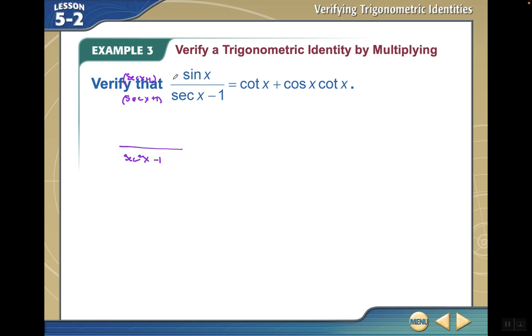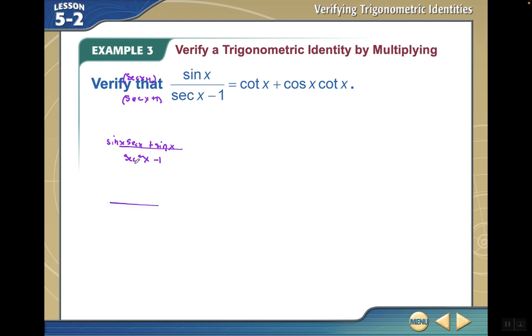And the top, I'll distribute it. If I distribute it, I get sine x secant x plus sine x. I think I remember this one being long and difficult, so yay.